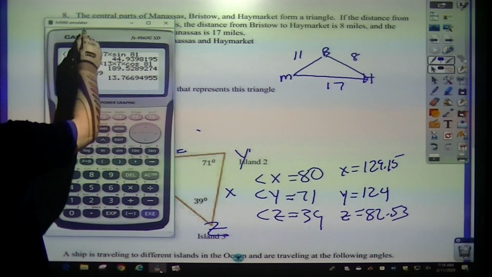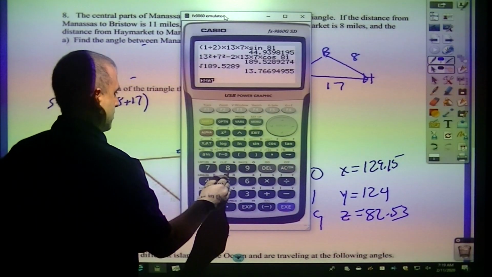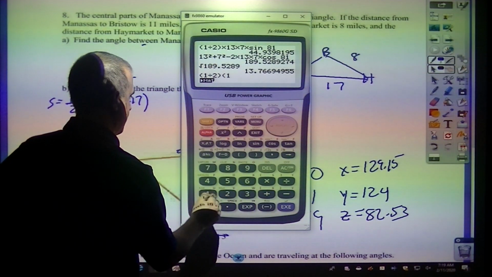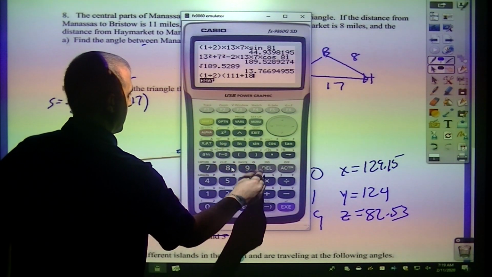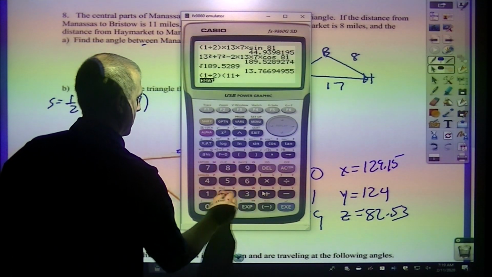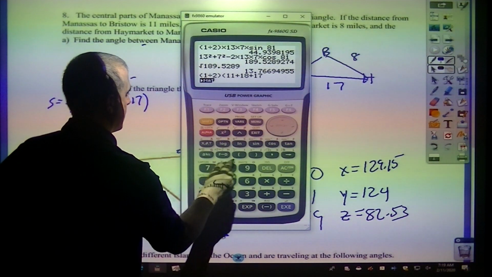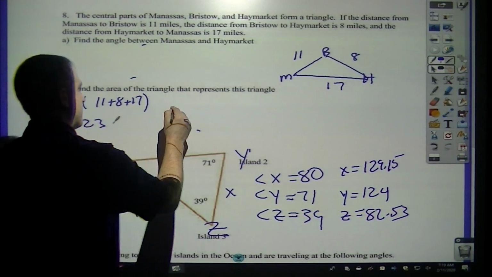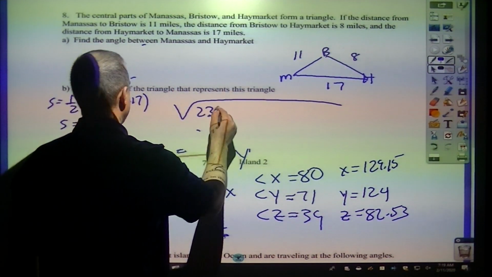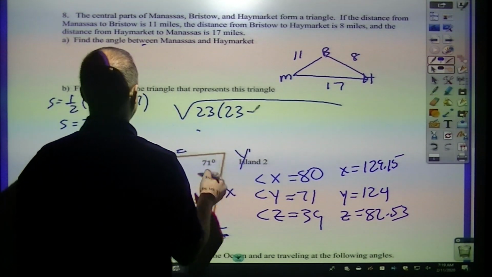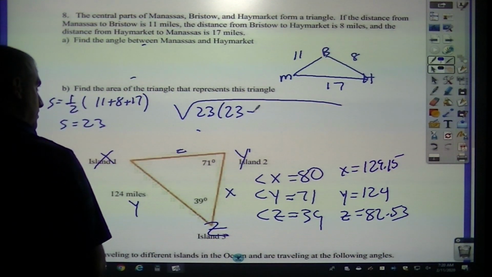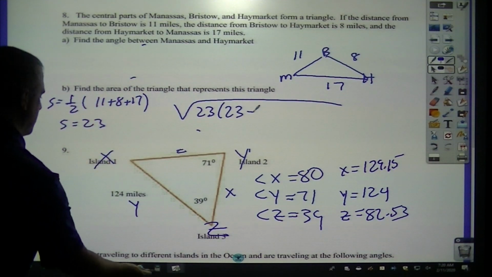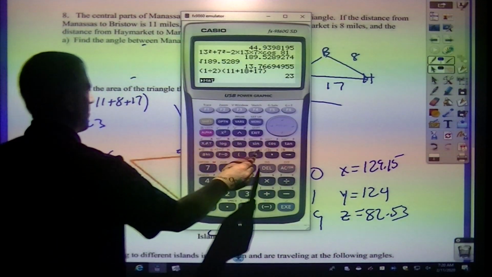I'd want to figure that out first. 11 plus 8 plus 17. Oh, whoops, I typed that wrong, sorry.